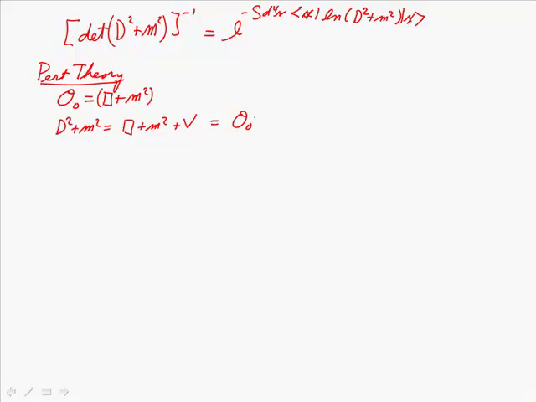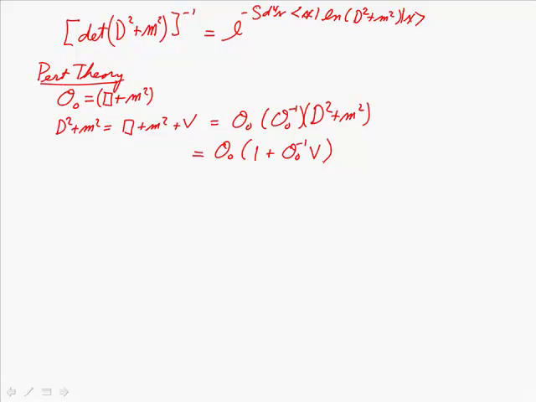O times O minus 1, O0, O minus 1, times D squared plus m squared, which is then O0, 1 plus O0 minus 1 V. Okay.